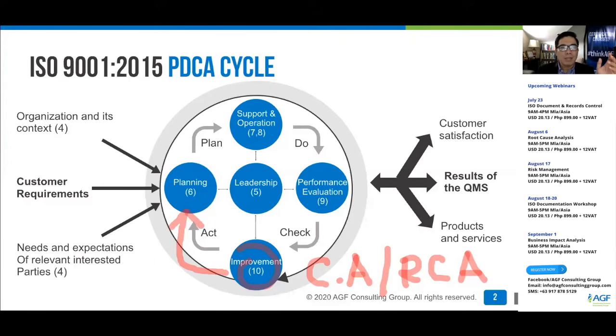So you need to update your risk assessment. Do not forget that, because after the corrective action report you have analyzed, there are changes that you need to maybe do in the process, in the system, in the policy, or even behavioral. And that is how you continuously improve your management system.